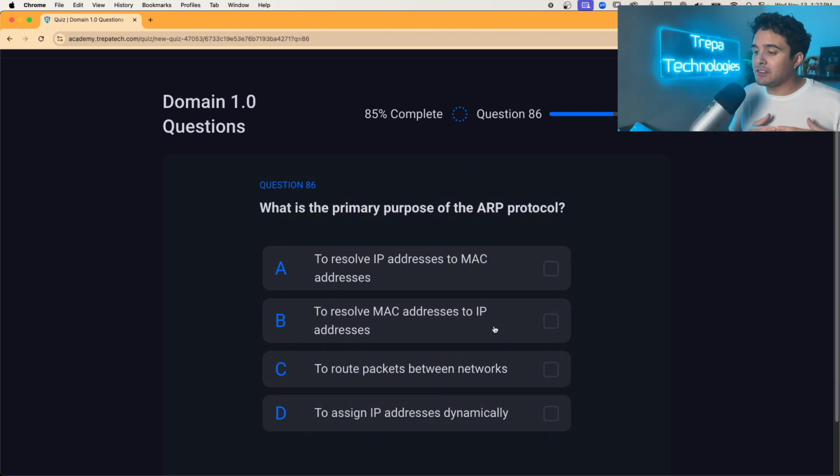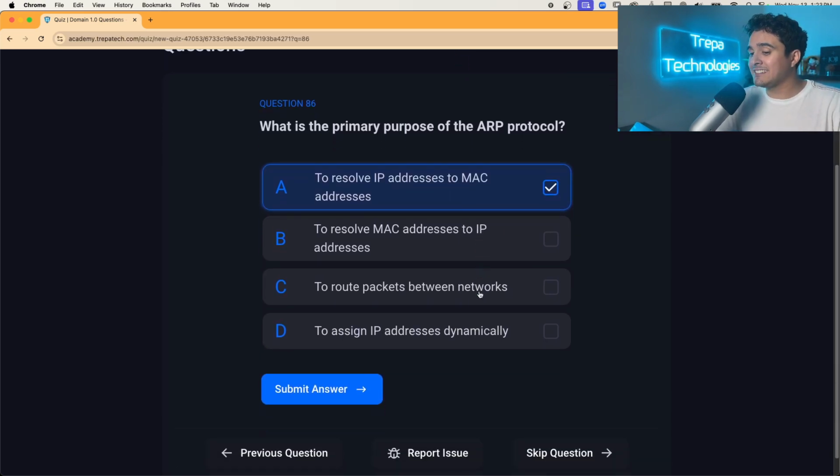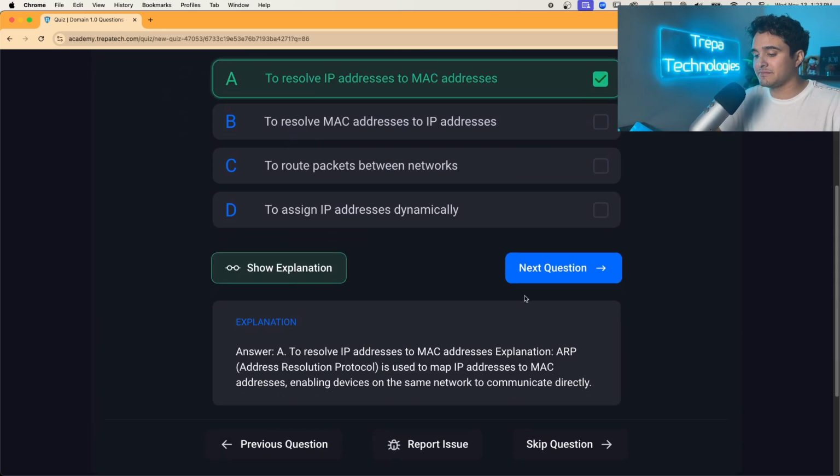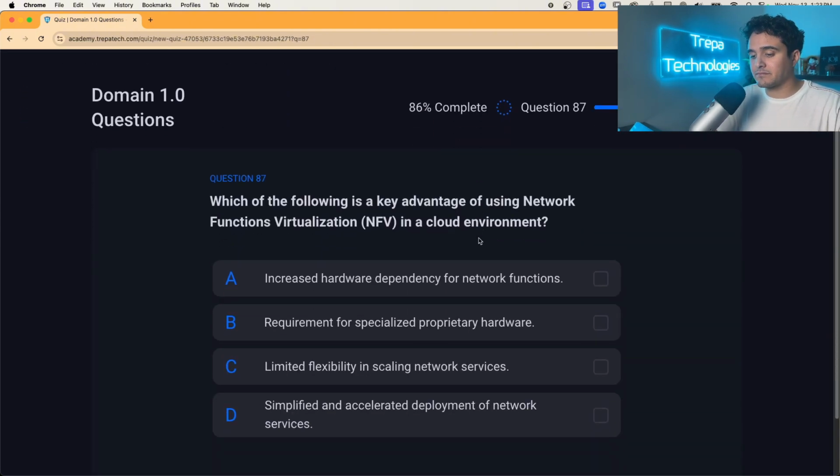We do that within the LAN by putting the default gateway's MAC address in the destination MAC of the layer 2 header, and we need ARP to be able to tell us as a device, hey, your default gateway 192.168.0.1's MAC address is the following, so now you can build your packet with the correct layer 2 header and layer 3 header. Long way to say, the answer is A, to resolve IP addresses to MAC addresses. There's the explanation. Pause the video if you'd like to read.